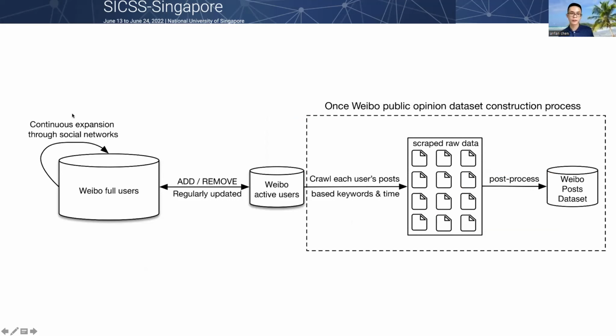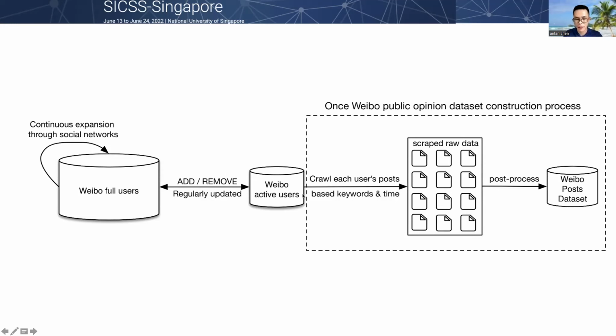Firstly, we continuously expand the Weibo user pool through our social networking methods, such as scraping the following of the initial users. And we also maintain this user pool by regularly updating it, such as adding more users and removing the inactive users, and then we form the Weibo active users.